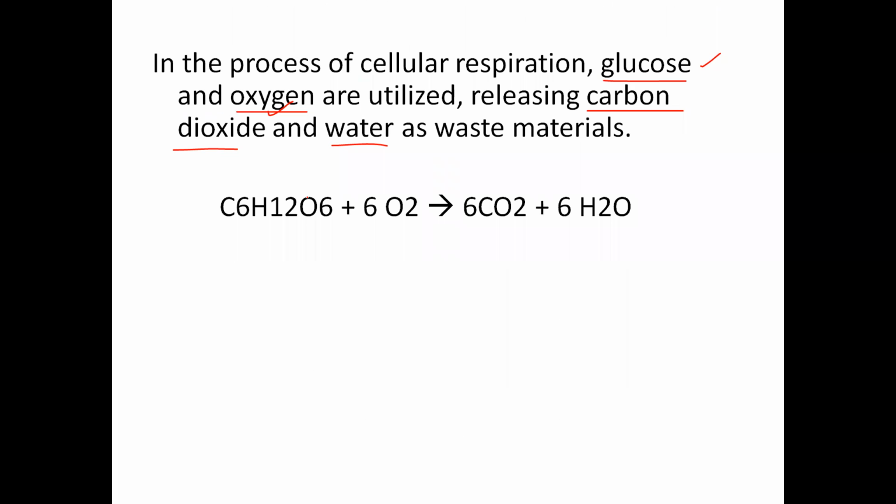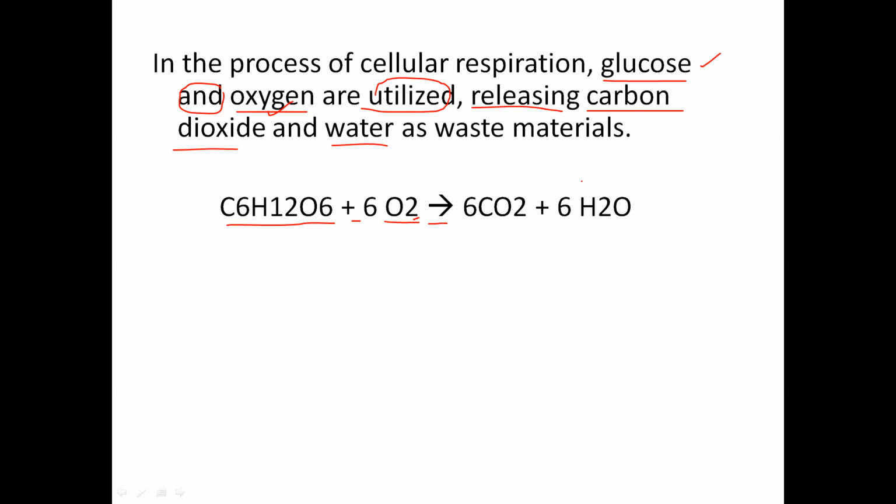So this will be the equation. So glucose, this is the chemical formula of glucose, C6H12O6. So plus, that's the and, okay? And glucose and oxygen. So there's a need for 6 molecules of oxygen, and oxygen is a diatomic molecule, so there's a 2 here, okay? They are utilized, so that means they're the ones used, so they're the reactants. Then the word releasing, that will give you the idea that it's already the arrow sign.